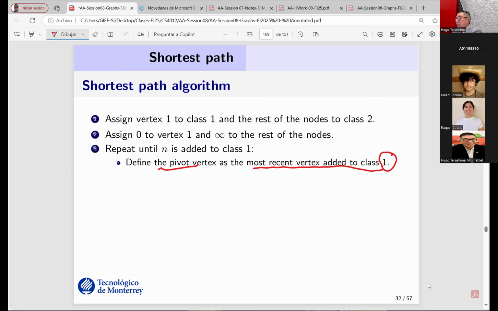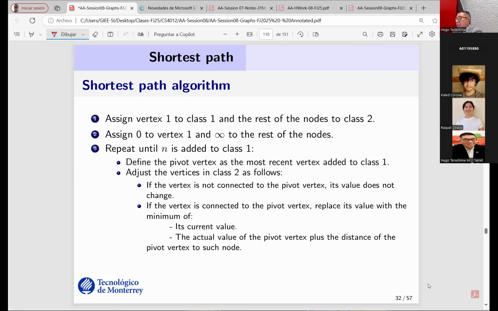So this is the pivot, the most recent that I added to class 1. And then adjust the vertices in class 2 as follows. So we are going to do some adjustment. If the vertex is not connected to the pivot, its value doesn't change. All right?